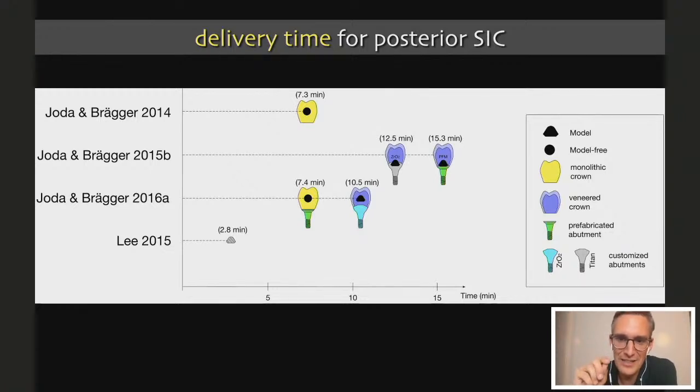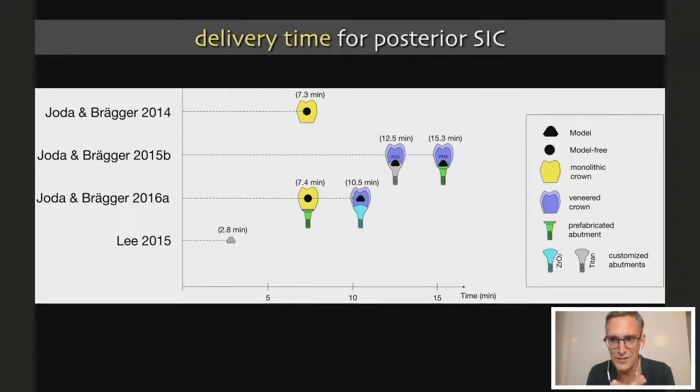Any time that the dental technician individualized the abutment or added some veneering, it took the dentist more time to adjust it, maybe to reduce the occlusal contact areas or the proximal contact areas. So that's one aspect: we are faster when we use a prefabricated abutment and a monolithic design.